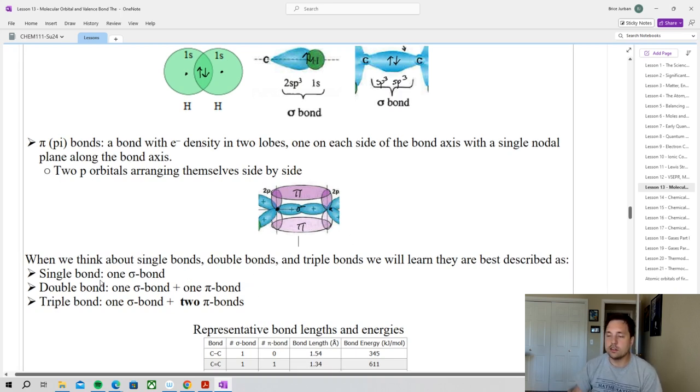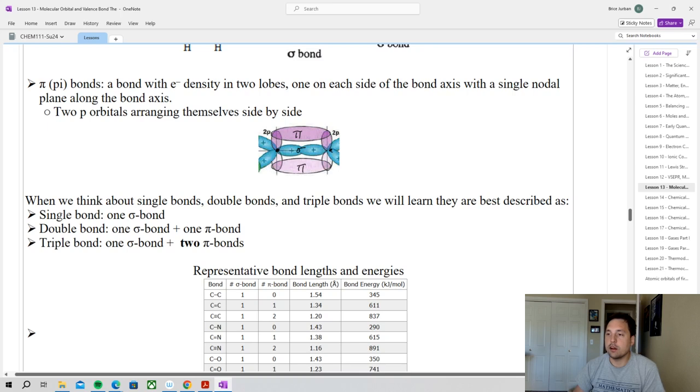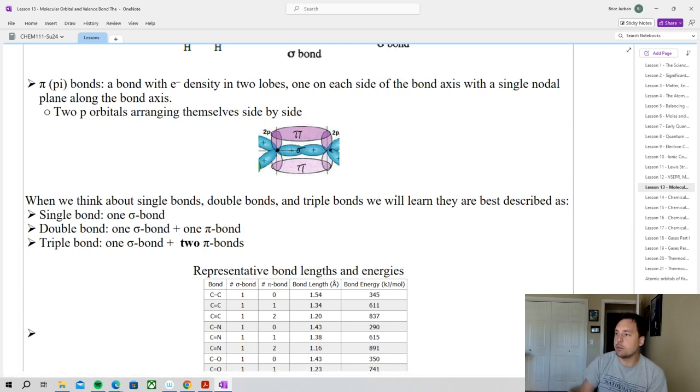One shorthand here that's going to be really helpful for you to learn how to understand hybridization is to think about that a single bond is always going to be made up of one sigma bond, whereas a double bond is going to be made up of one sigma bond and one pi bond.